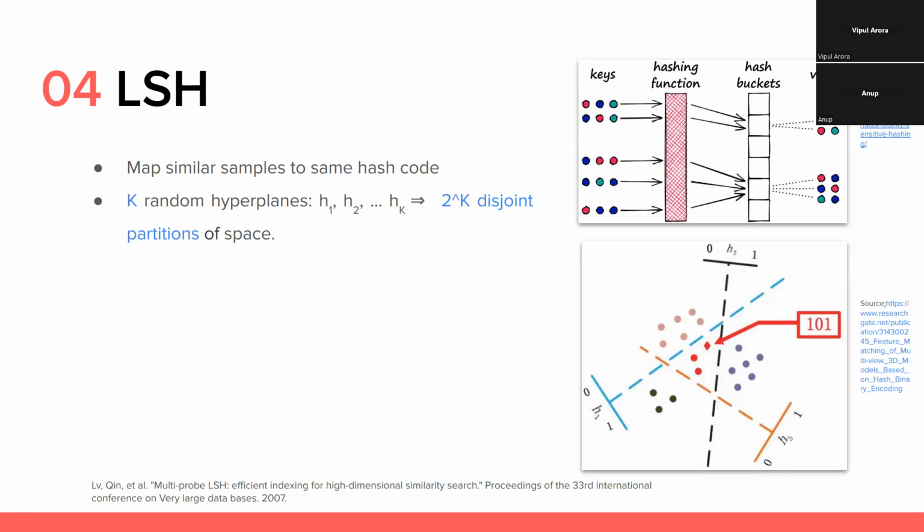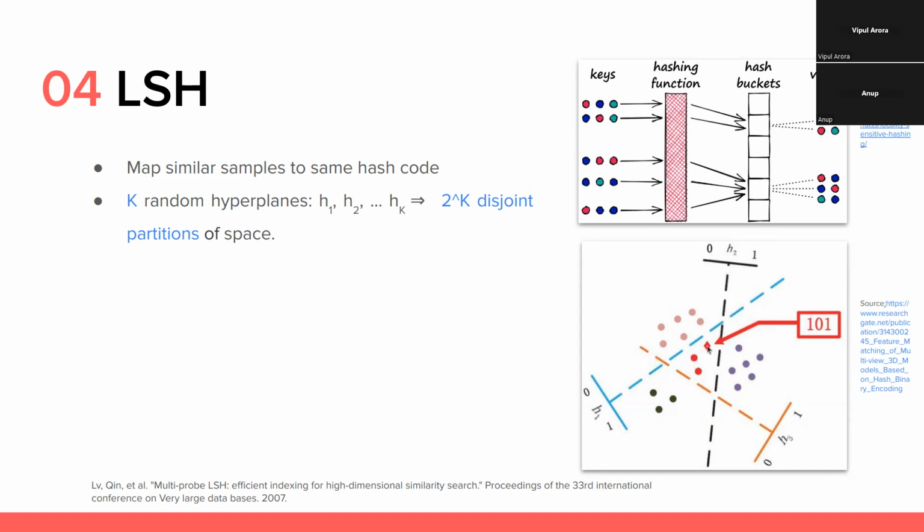If you see this diagram, there are three randomly chosen hyperplanes. Suppose for this point, which is the diamond, we want to assign a 3-bit code. It's above this hyperplane, so we assign 1. It's below with respect to this hyperplane, so we assign 0 for the second bit.